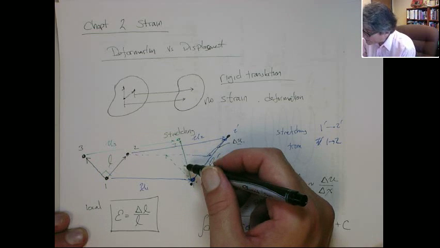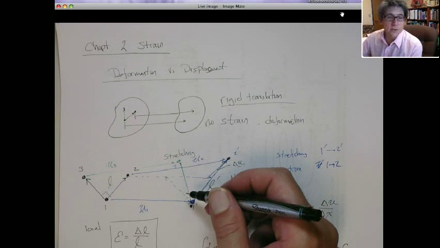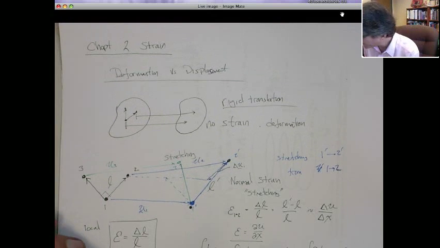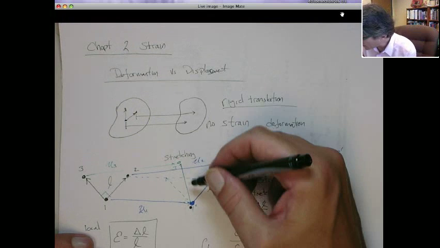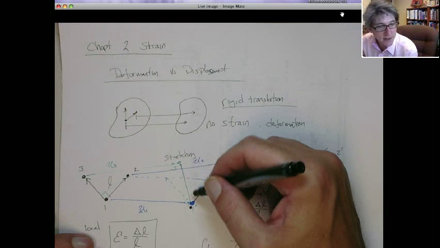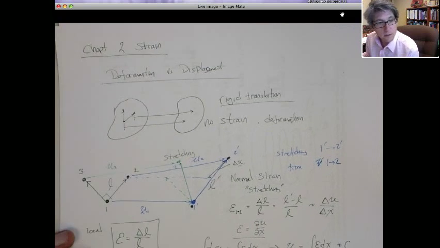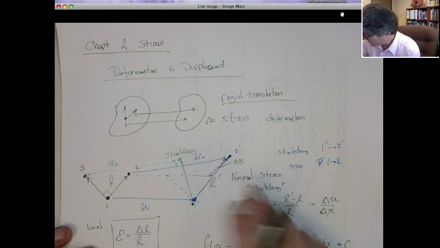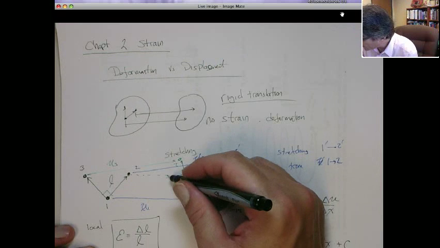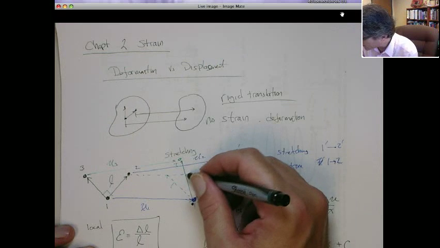The reason I show this is that it shows another type of strain. You could also have normal stretch along this line, but the way I've drawn this, what's going on here? Something happened, this froze. There we go, okay. If you look, there's been an angle change.